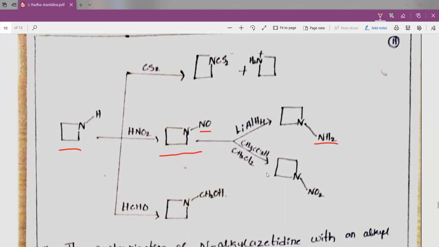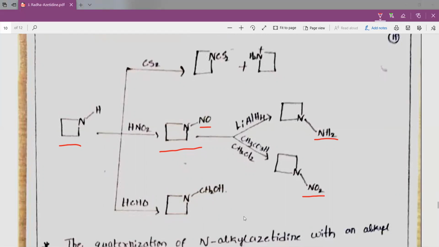When treated with peracid, it is converted into a nitro compound. So on reduction, it forms an amine; on oxidation, it forms a nitro compound. And this azetidine, when treated with formaldehyde, forms N-hydroxymethyl azetidine.